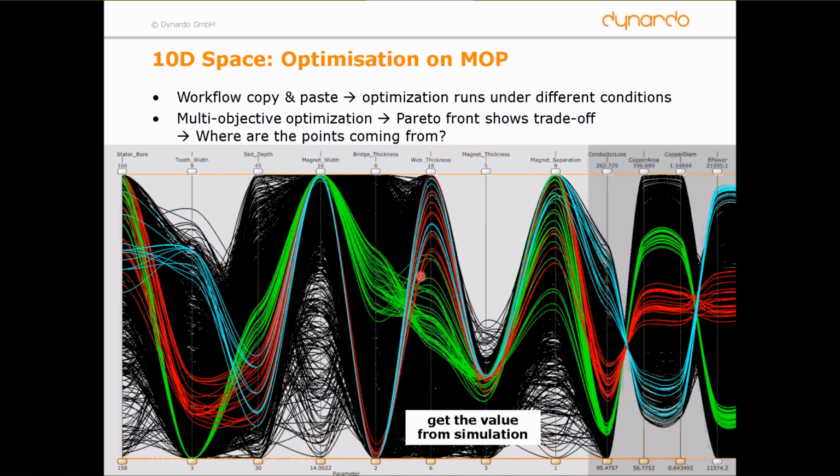And why is it? What causes higher temperature? What causes higher torque? What's the trade-off? If I have higher torque, where do I have to take the drawbacks? And where does it come from? How are the other parameters interacting with it? You get very quickly to the interesting questions.